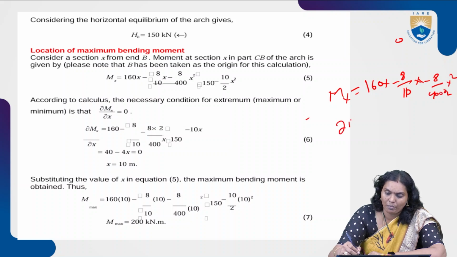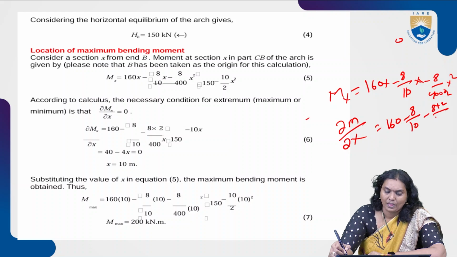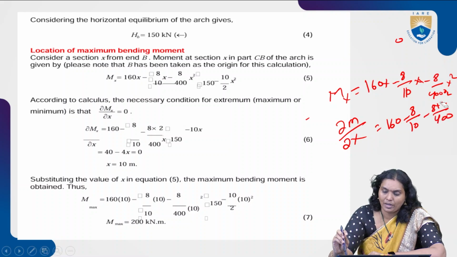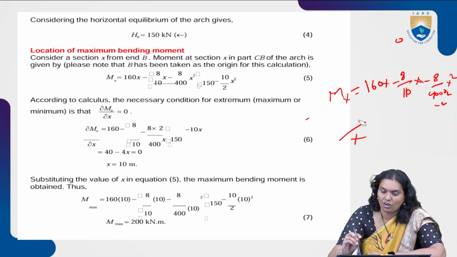So here dou M by dou x with respect to x is equal to 160 minus 8 by 10 minus 8 by 2 by 400, multiplied by minus by 10x. These are all the parameters involved in this.